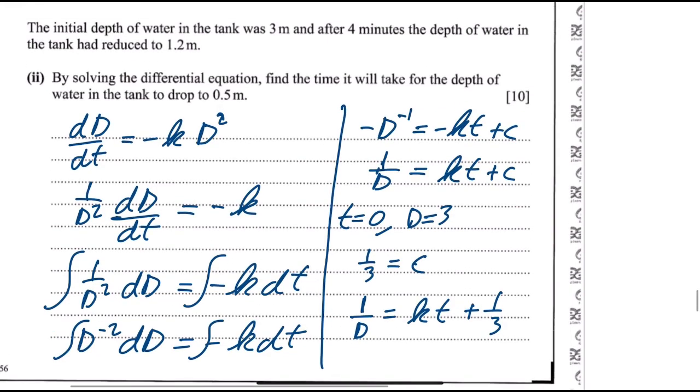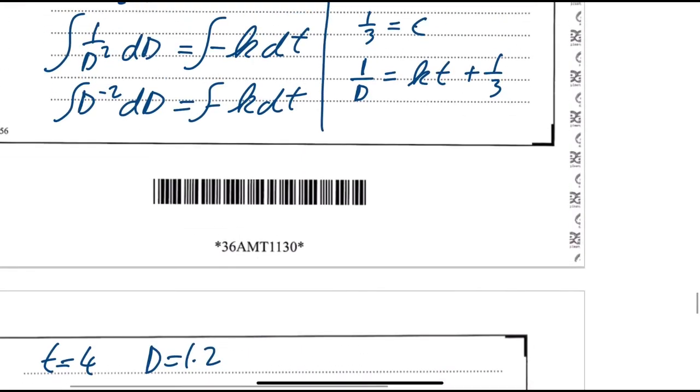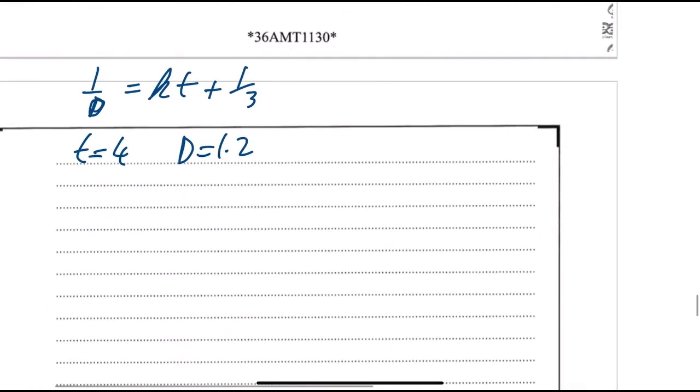Okay, next bit of information it tells you is when t is equal to 4, the depth is 1.2. So we'll just write that in. Let me write down what I had up above there: 1 over D is equal to kt plus 1/3, and then we're just going to put in what we now know.